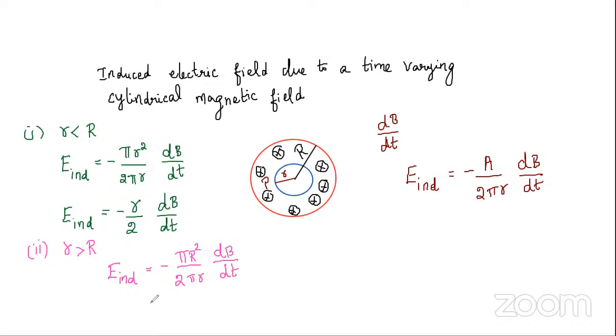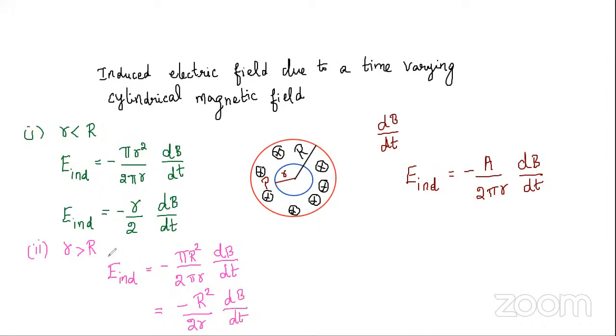So this is the induced electric field in this case, and when you simplify this further, you will be getting minus r squared by 2r into dB by dt.